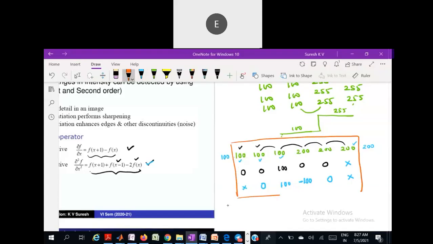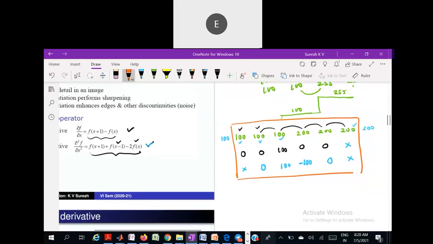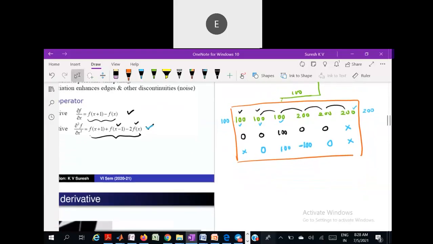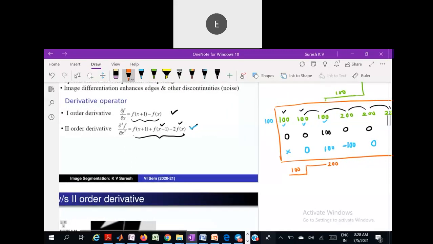Now carefully observe what I have taken as an example. These values are 100 and these values are 200. If you look at it as a 1D plot, it is something like this. I have just passed it through a simple derivative operator, or difference operation.